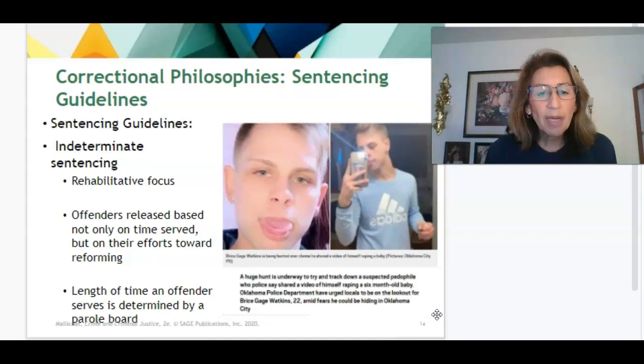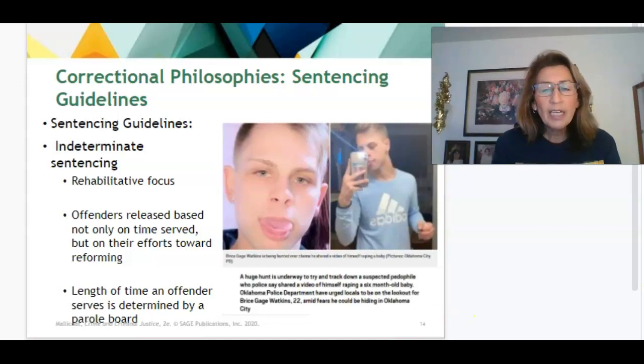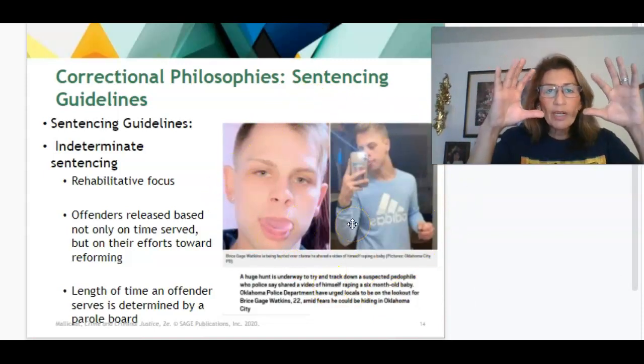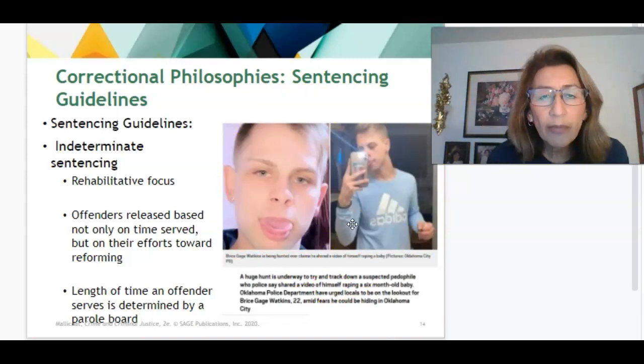All right, so we already talked about the indeterminate sentence, but as part of this assignment, I want you to look this up, click on it, make it bigger, do a little bit of research. Tell me what type of sentence this kid should get.